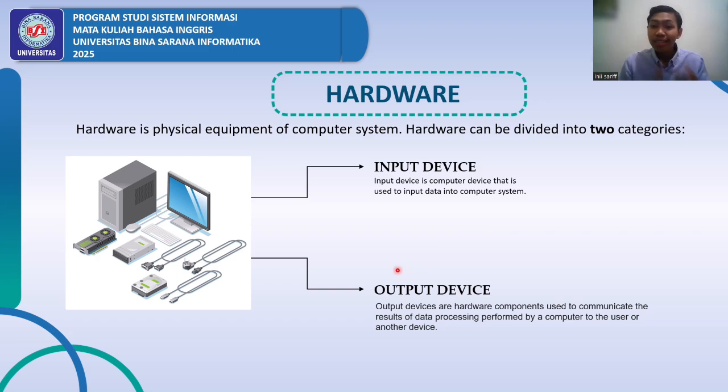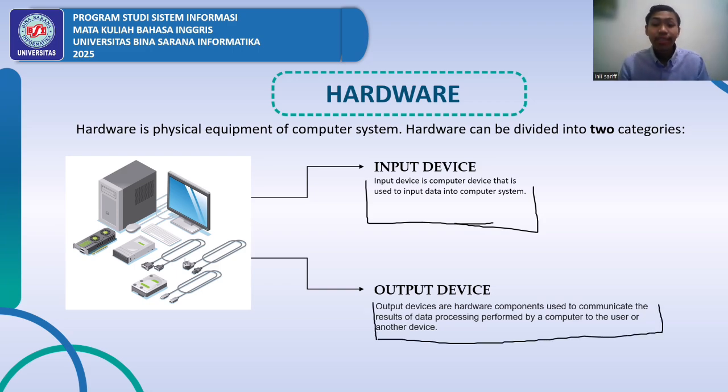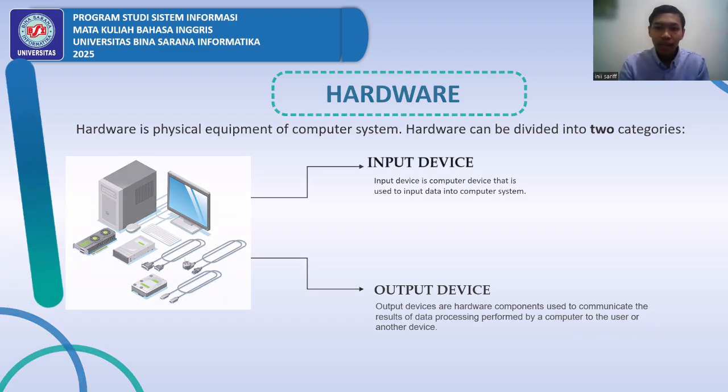The first is input devices, and the second is output devices. An input device is hardware that is used to input data into a computer system. An output device is a hardware component used to communicate the results of data processing performed by the computer to the user or another device. What is the meaning? Let's go to the next slide.